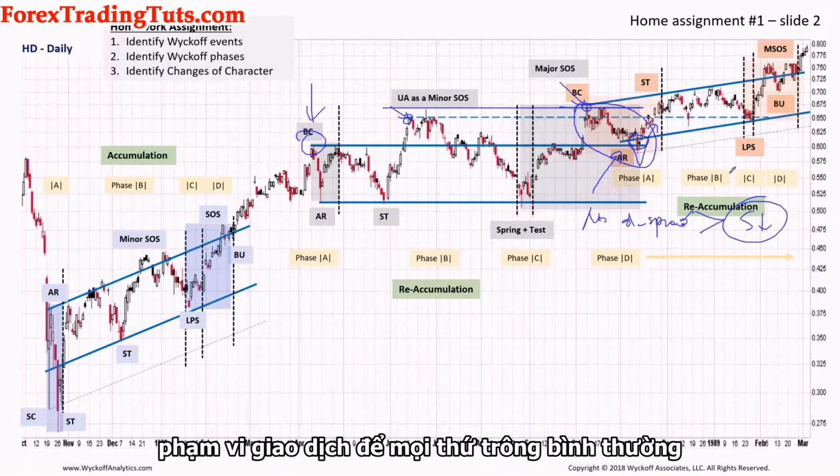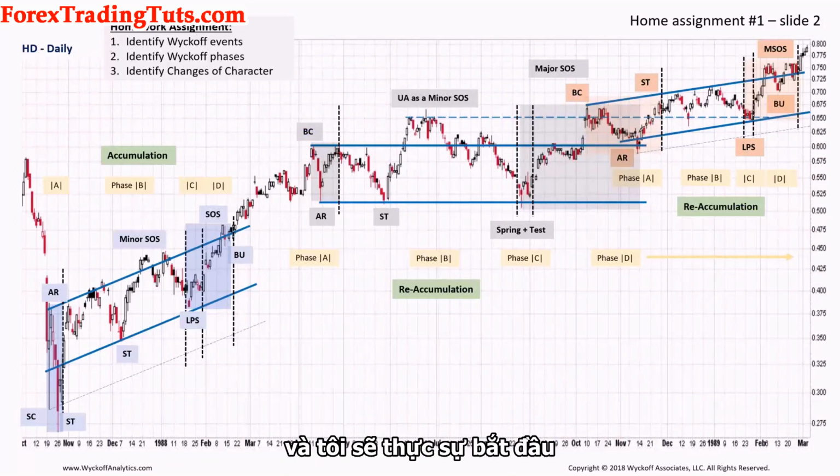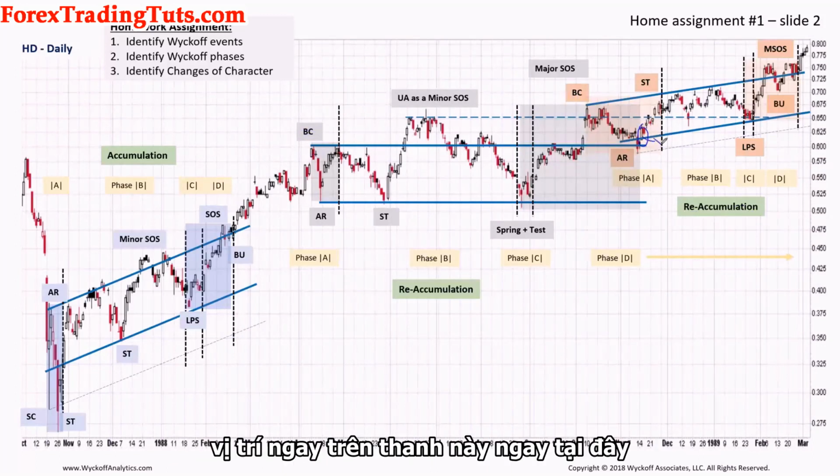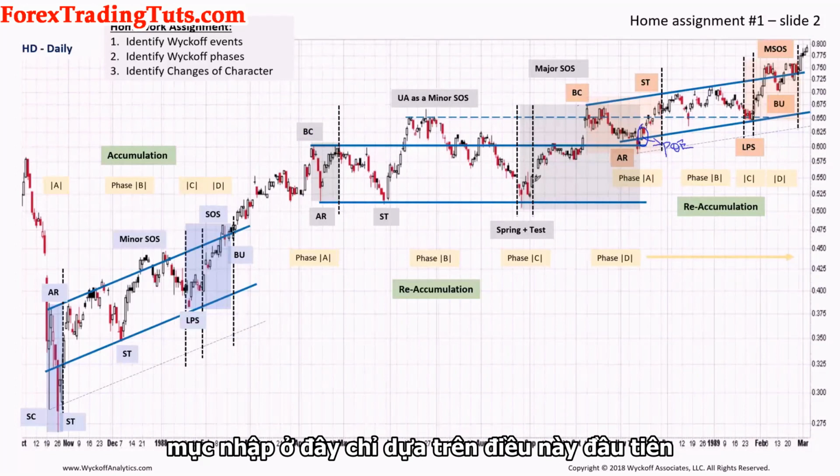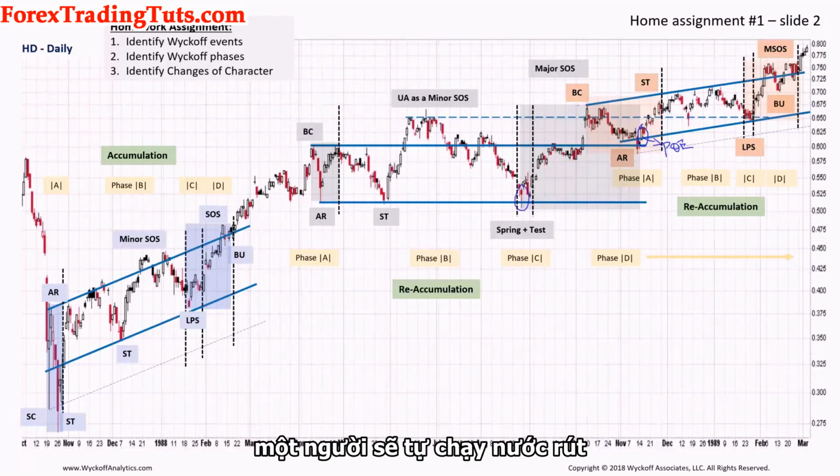So everything looks normal. And I would actually be initiating my position right on this bar right here. This would be my next to last point of entry here, just based on this. The first one is going to be the spring itself, reversal of the spring, sign of strength bar, and then you have to stop because of the resistance level.